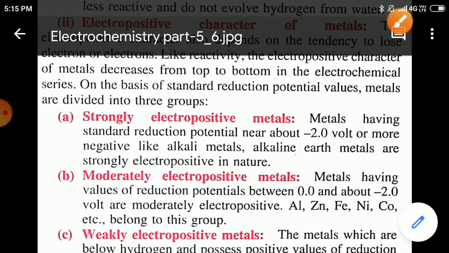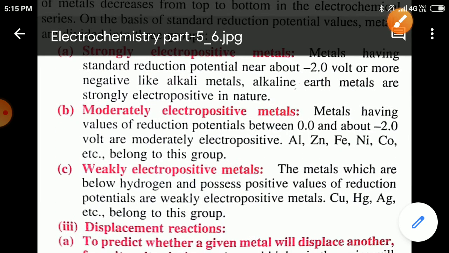Second is moderately electropositive metals. Metals having a reduction potential between 0 and about -2 volt are moderately electropositive, like zinc, aluminum, iron, nickel, cobalt, etc.